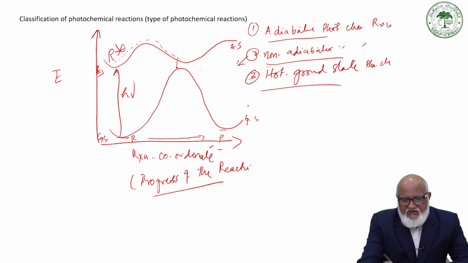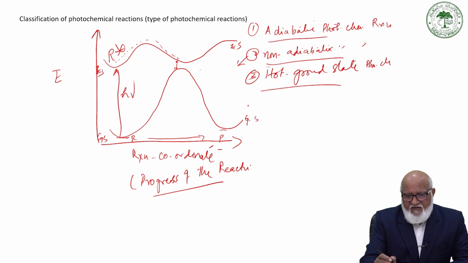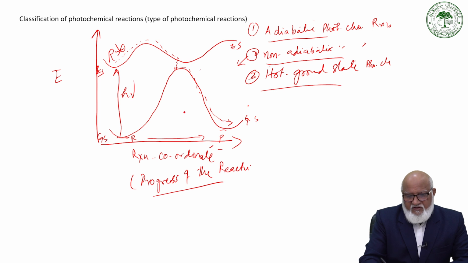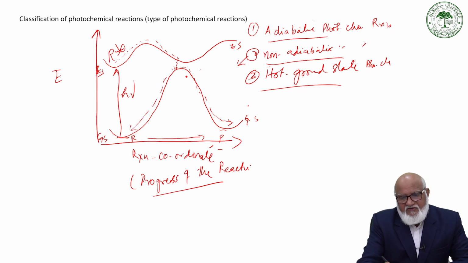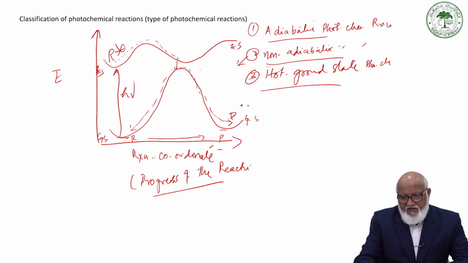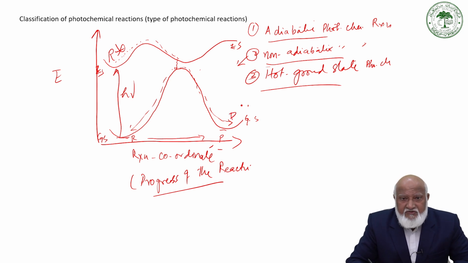So there is a switching over of the excited state of the reactant to the ground state, and then there is a possibility of going back to the ground state, and the rest of the reaction takes place on the ground state curve and goes to the product P. So the reaction is proceeding this way.